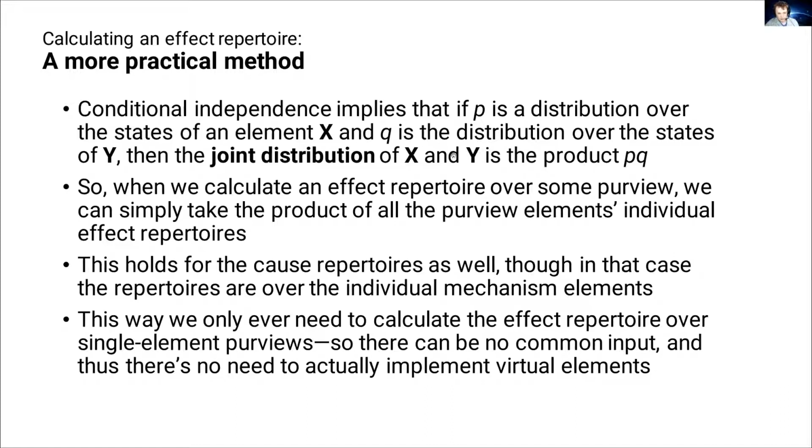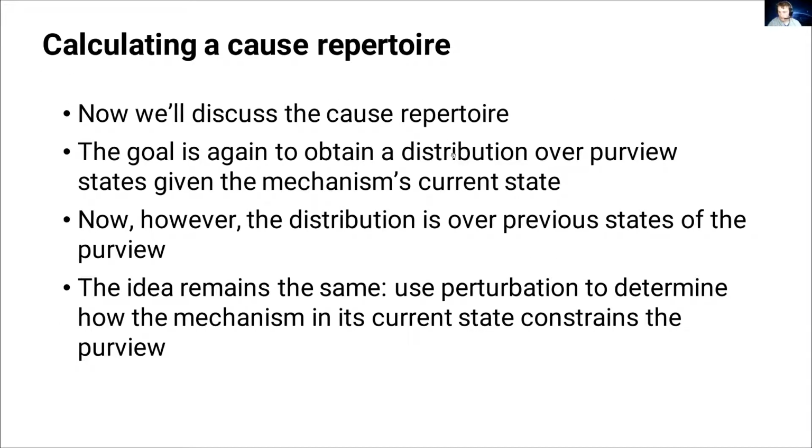And this means that there's only one way to end up calculating the effect purviews, in that it's essentially finding the effect purviews for all of the individual elements. And then if you want the effect purview for a group of elements, you can take the product of all of those single element purviews. And there's no need to actually implement the virtual elements. So in PyPhi, there are no actual virtual elements used in the calculations. Does that answer your question, Dylan?